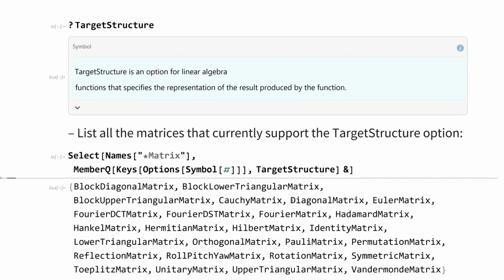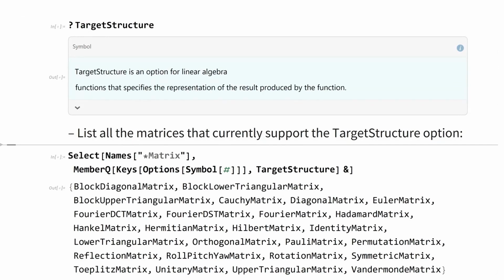The older matrices like diagonal matrix, for example, or more recently rotation matrix, will have a target structure set to the list version, the dense version by default, and then you must manipulate accordingly. But you can go back and forth between the list version and other versions using the target structure option. I think the target structure option is a wonderful thing which we have had since last release, and now it's going to become even more powerful in version 14.